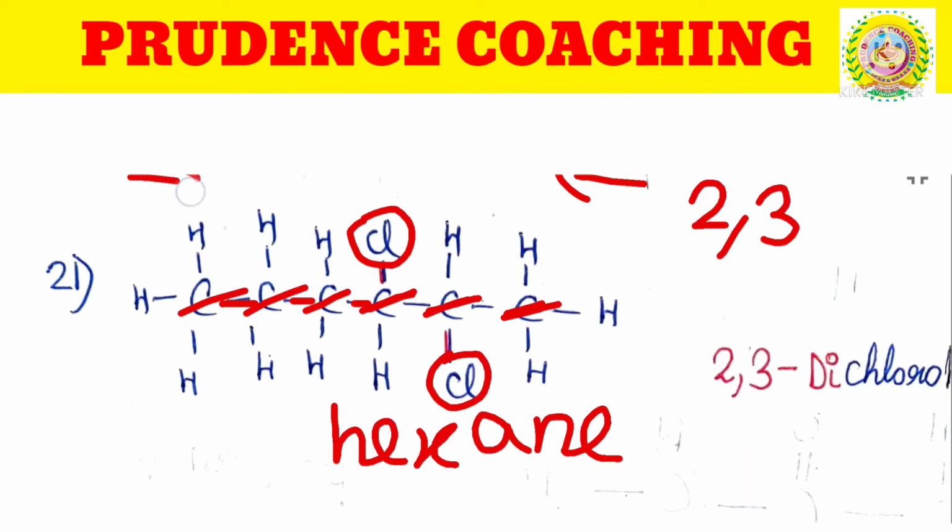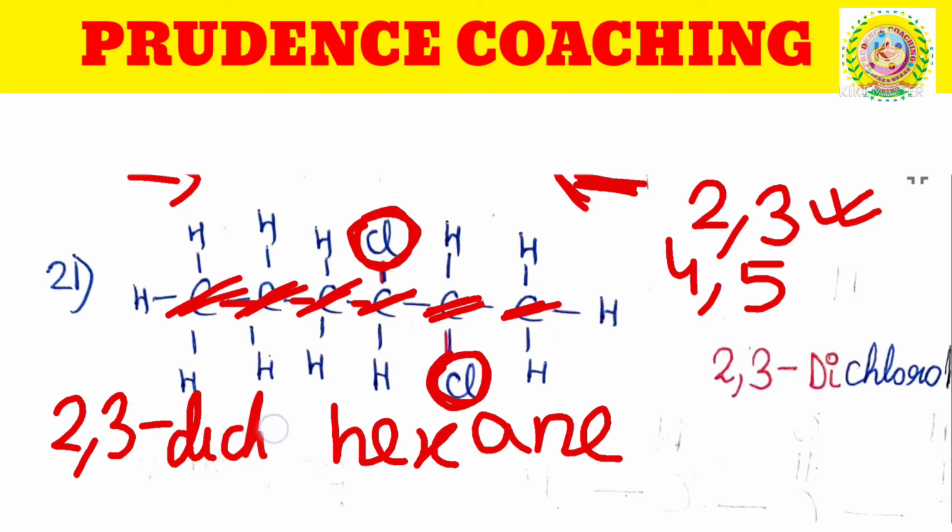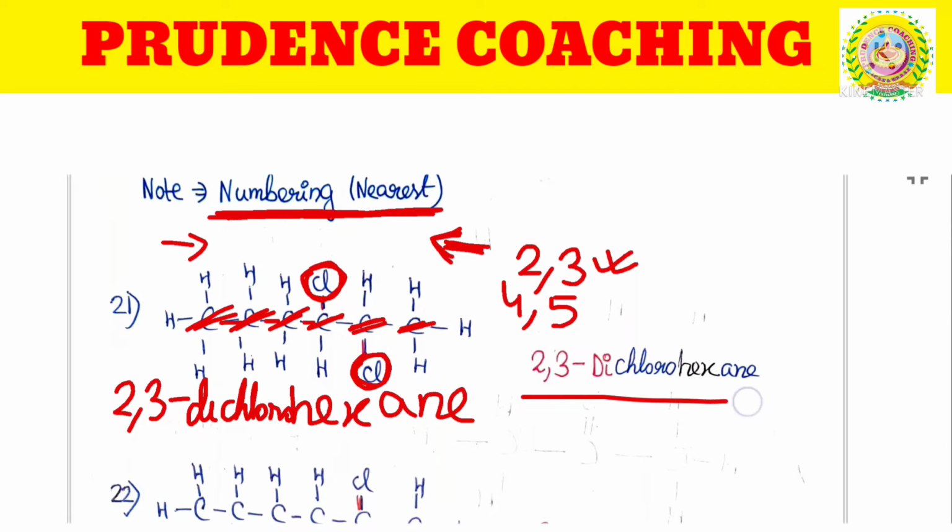If we count from this end, you will get 1, 2, 3, fourth position and fifth position, that is 4, 5. So this is the nearest one. So you will write 2, 3. Now as you can see, we have 2 chlorines here, that is di. 2 means di, so you need to write di. Then you will write chloro, chlorohexane. So here the answer will be 2,3-dichlorohexane.